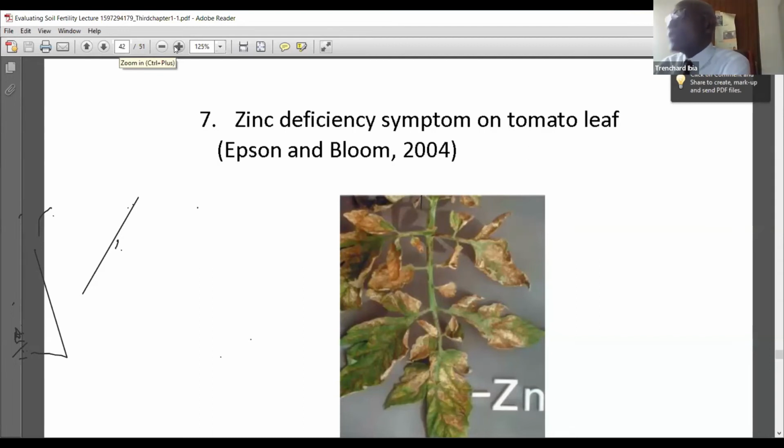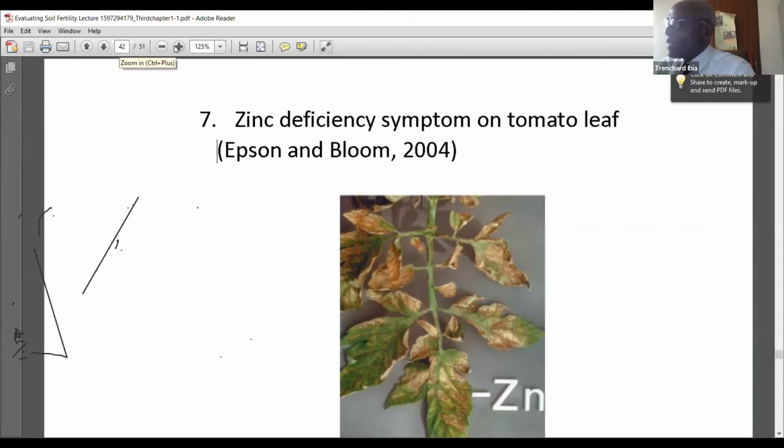Molybdenum shows mottled spots along with interveinal chlorosis, yellow along the veins, but you have mottles. Mottles are like if you splash mud on the wall: there is no particular pattern, it's all scattered like that.